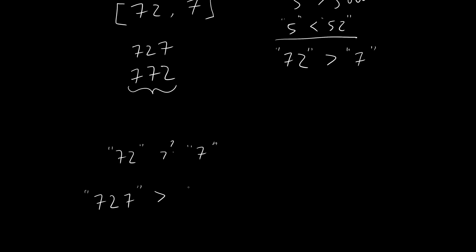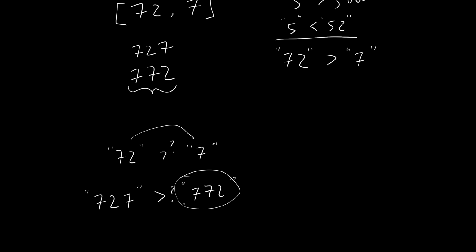Is that bigger than 772? So essentially here, what we did is we combined these guys together like that. But then for this one, we actually swapped them. So this is one thing that we can do, is we compare what the combination of the strings is. And then given that, you could actually choose the right one.